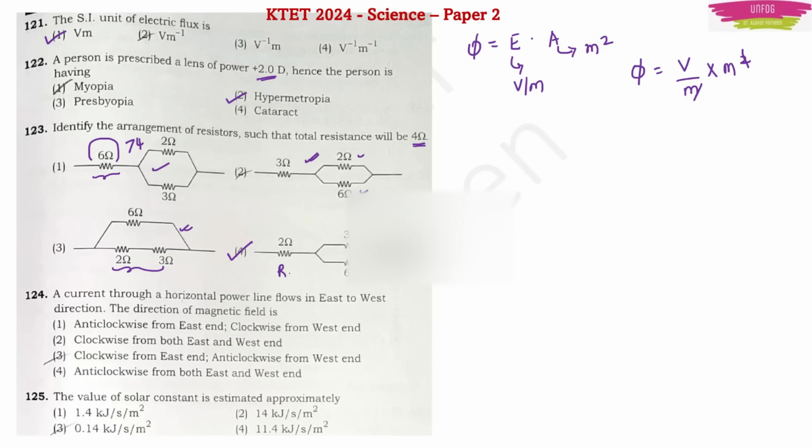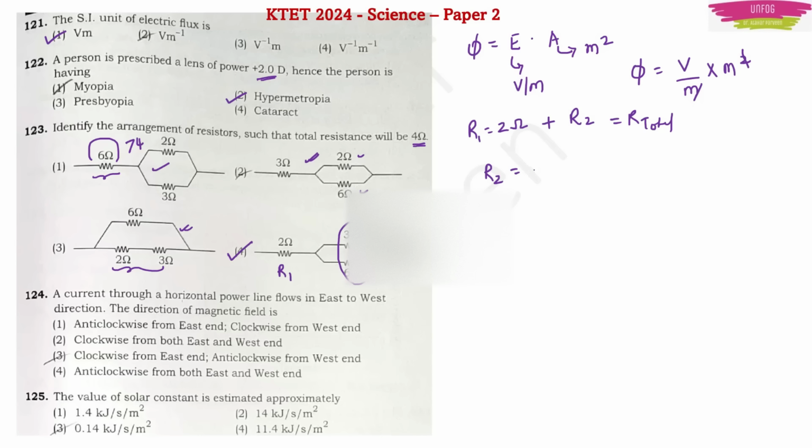Let this be R1, and let this entire thing which is in parallel be R2. Now R1 is 2 ohms. I should add R2. If I add this R1 and R2, then I will get the total resistance. Now what is this R2?